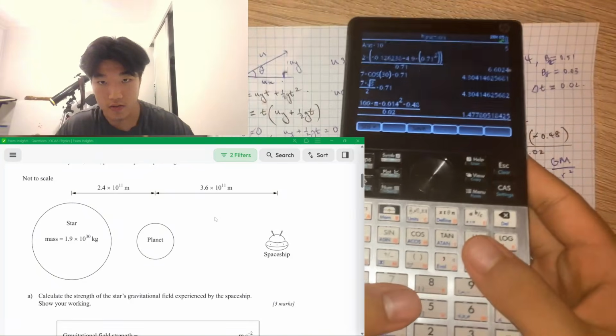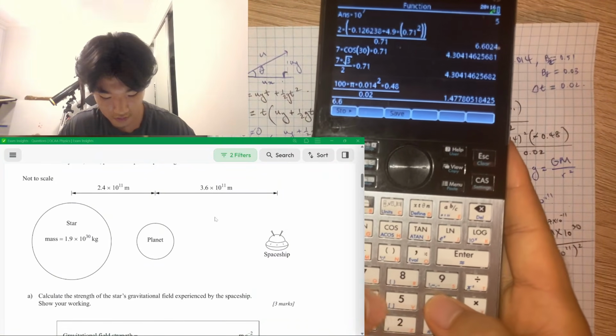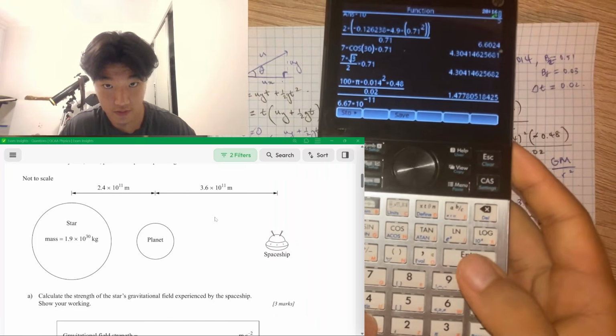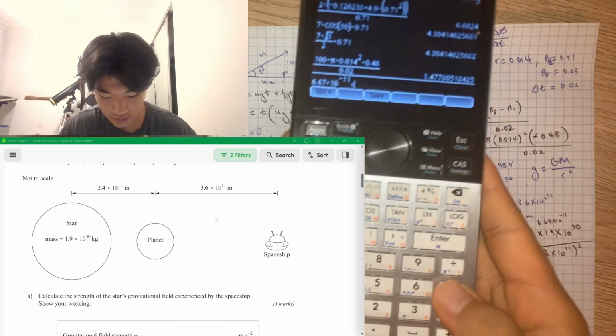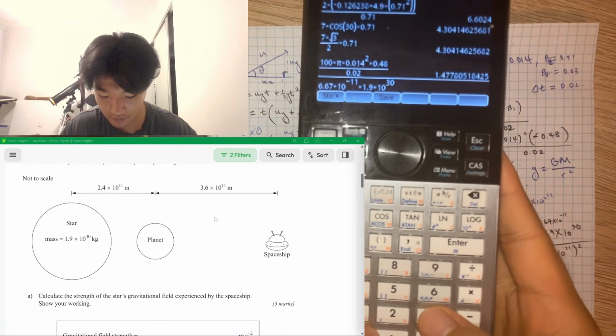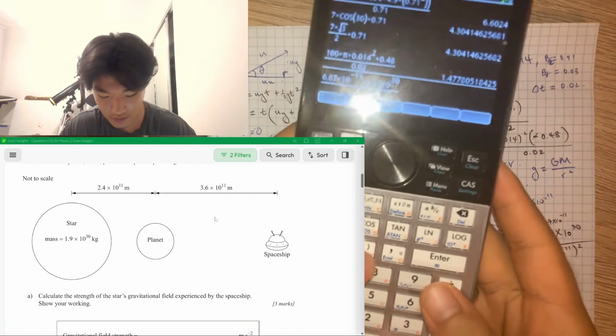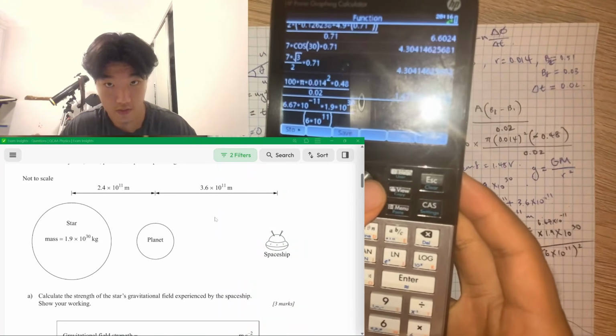Okay, we just put that in our calculator. 6.67 times 10 to the negative 11, that's 1.9 times 10 to the 30, divided by 6 times 10 to the 11, squared.